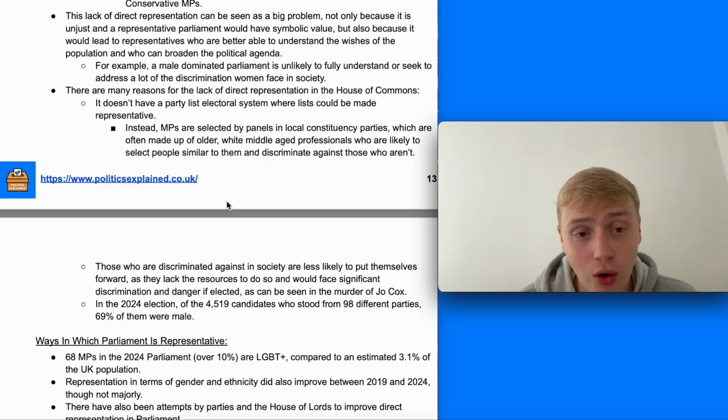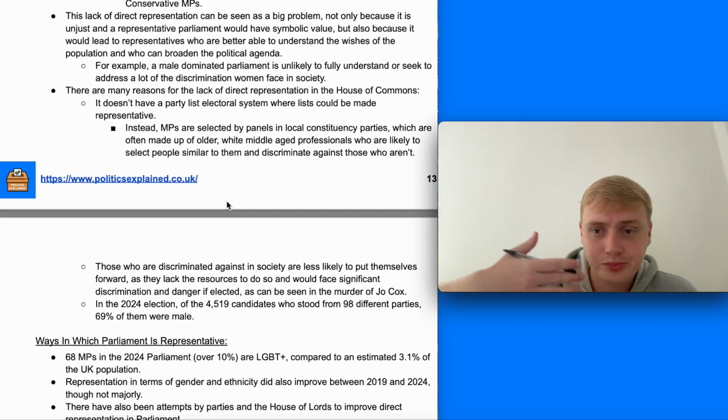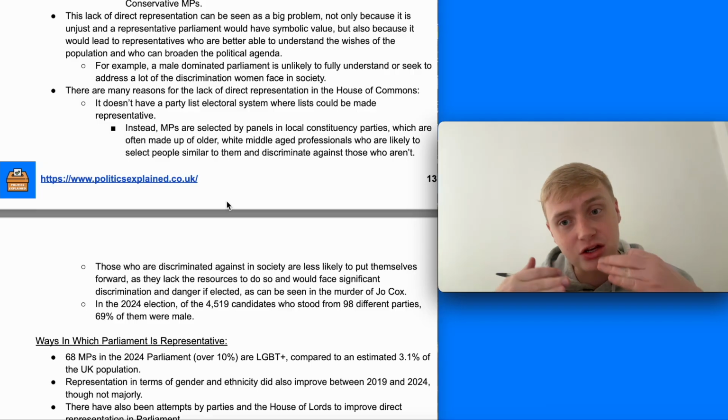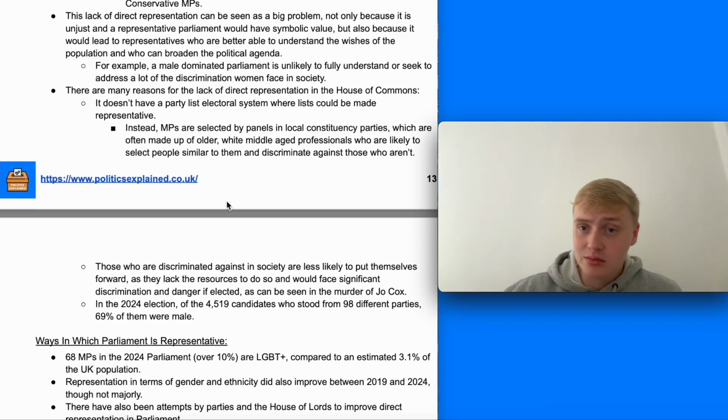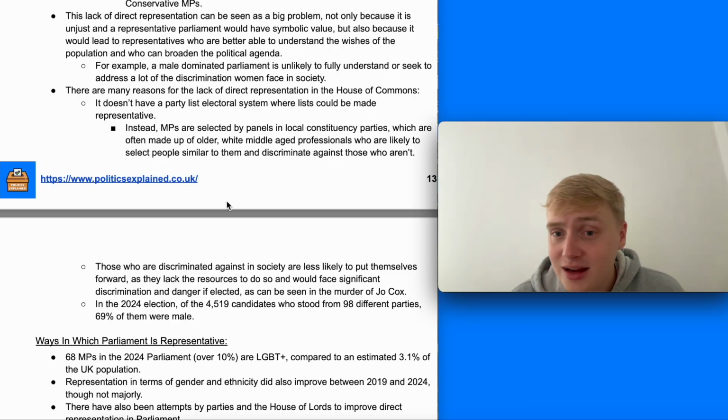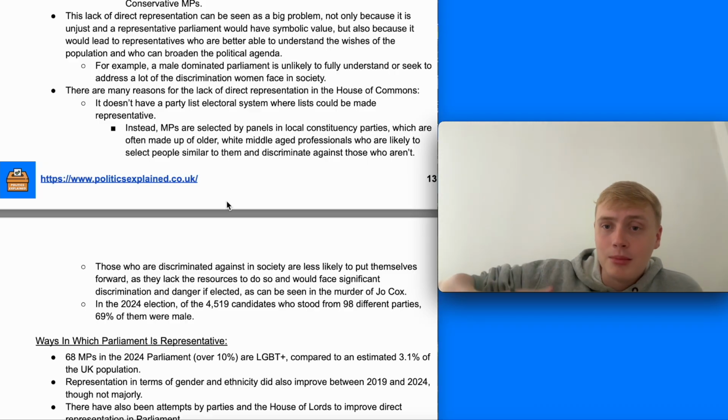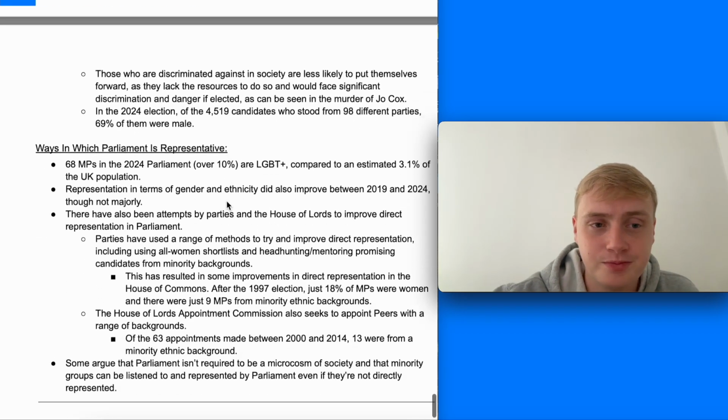So in 2024, of the 4,519 candidates who stood from 98 different parties, 69% of them were male, which really shows the barriers facing women, but it also very much applies to other groups who are discriminated against or minority groups, and harms Parliament's descriptive representation.